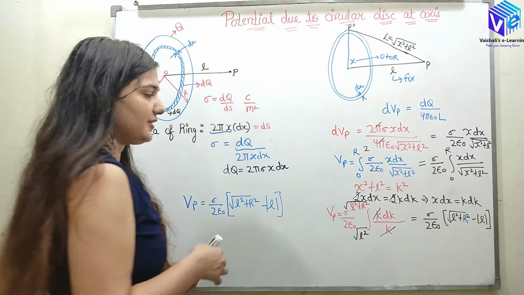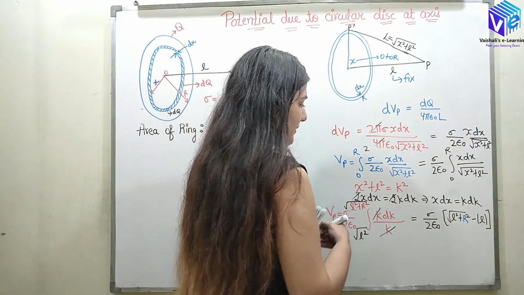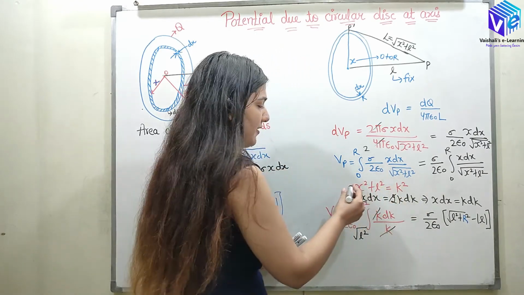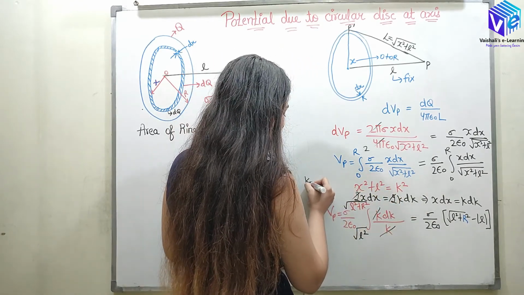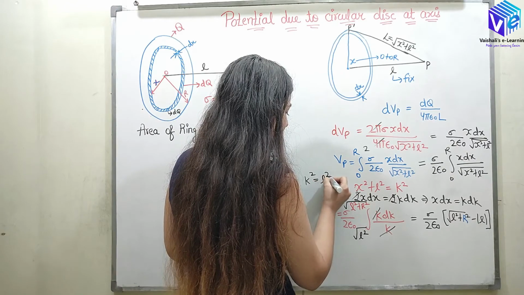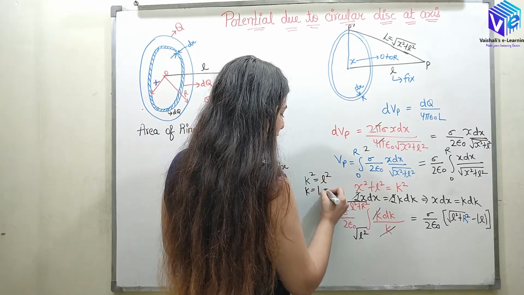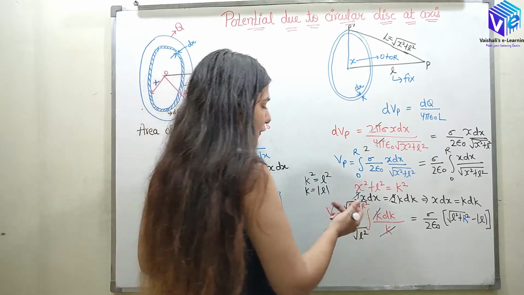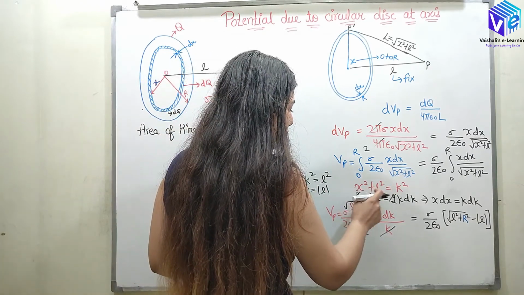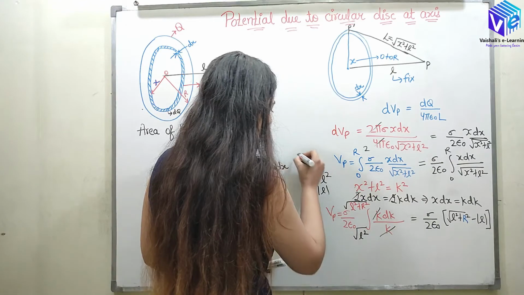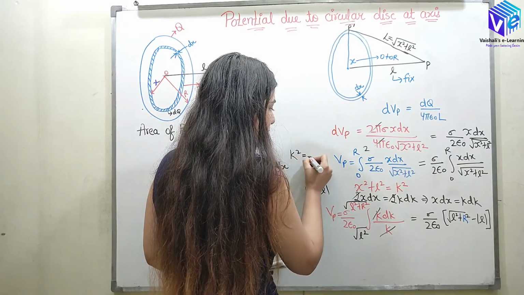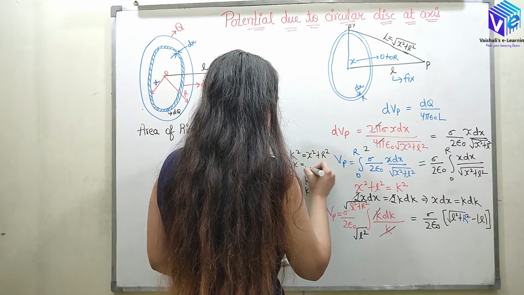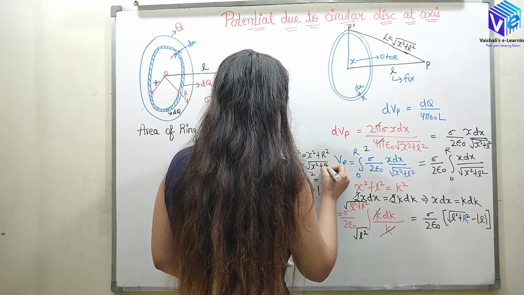What I have done is changed the limits. K square was x square plus L square. When I put x equal to 0, k square will be equal to L square, so k will be equal to mod of L, since under root of L square is mod of L. Now if I put x equal to r, k square will be equal to L square plus r square, so k will be under root L square plus r square.